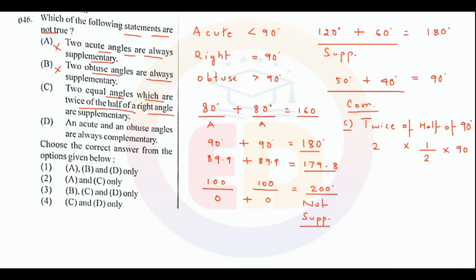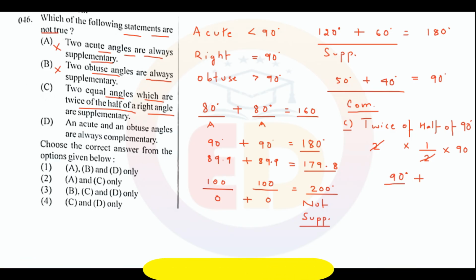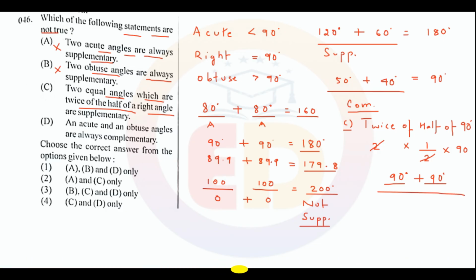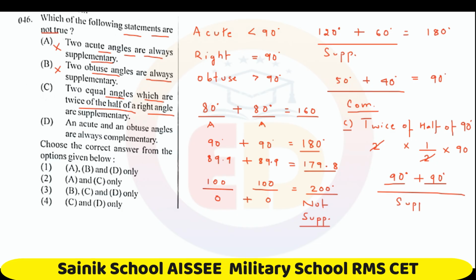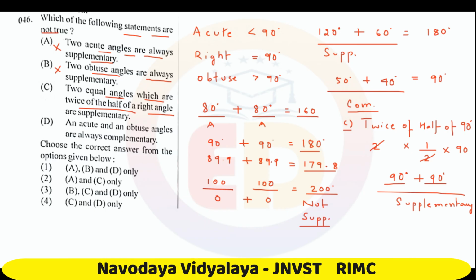So the value of the angle will be 90. So if one angle is 90 and they say the two angles, so 90 plus 90, this will give us the supplementary angle. So sentence C is correct.